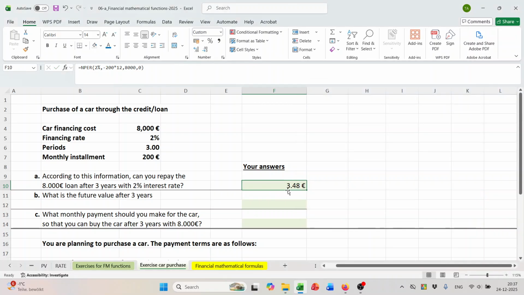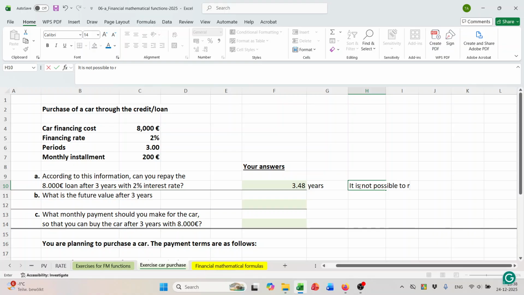So let's find out. We need 3.48 years. So obviously we cannot pay it within 3 years. It is not possible to pay in 3 years. We did 3.48 years.